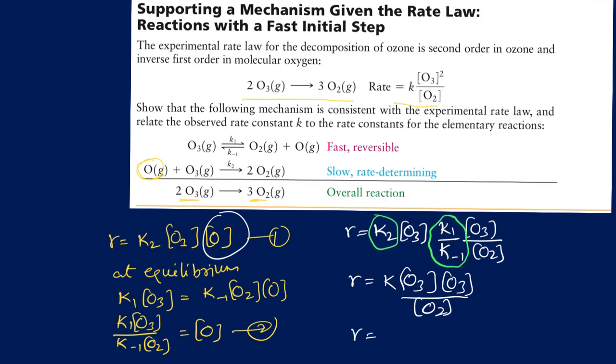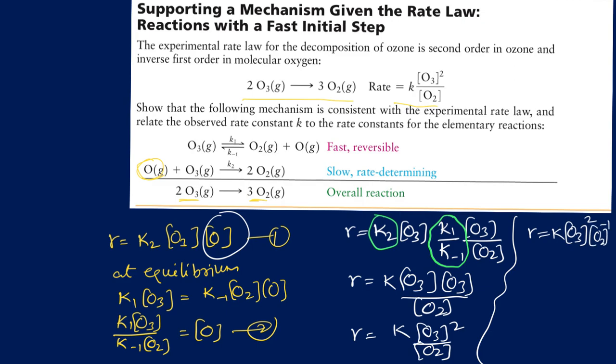Therefore, R is equal to K O3 concentration power 2 and O2 concentration in the denominator. According to the given question, if you observe, the same pattern is there, but this can also be written as R equal to K O3 concentration power 2, O2 concentration power minus 1.